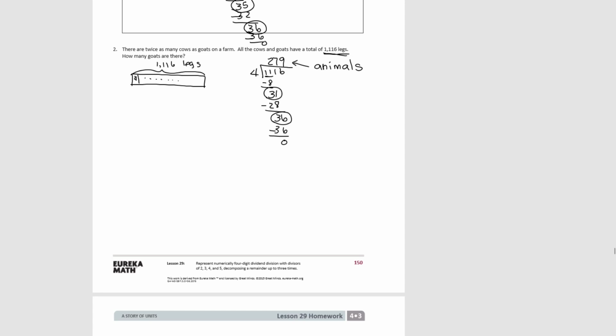Now, as a second tape diagram, I know that I have twice as many cows as goats. So I have this many cows and this many goats.